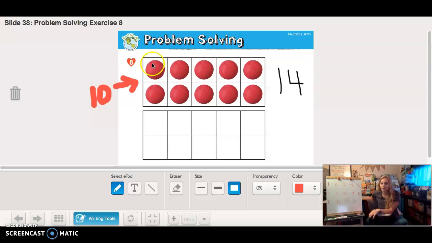But let's count and then keep going, okay? 1, 2, 3, 4, 5, 6, 7, 8, 9, 10. We were right. Go past 10, 11, 12, 13, and 14. There's our number 14.